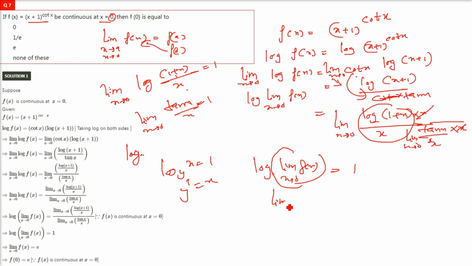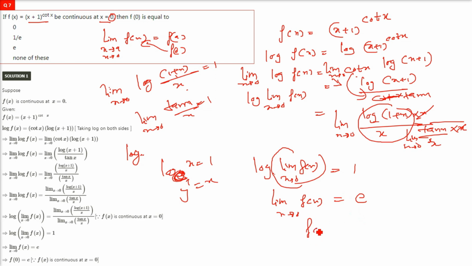So in this case the base is e. So e to the power 1 is equal to limit x tends to 0 for f(x). As I told you earlier that you need to have a fair idea about the logarithm, then only you will be able to understand this. So the answer here is limit x tends to 0 of f(x) is e.